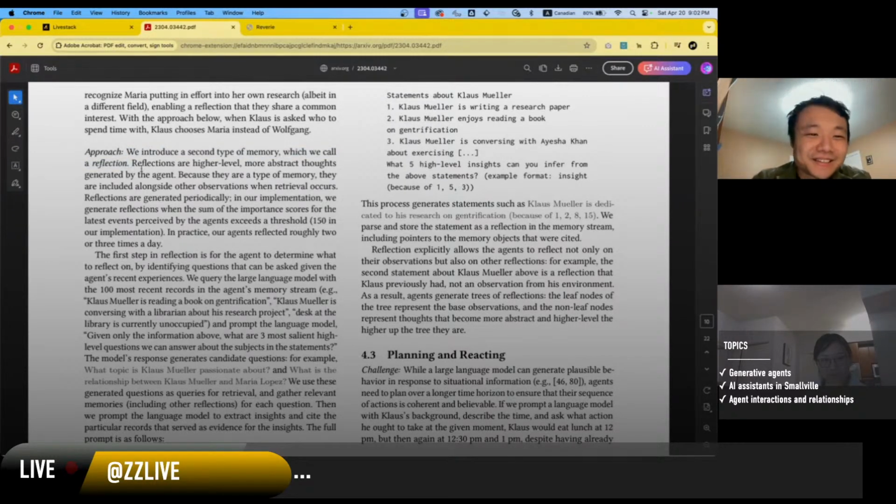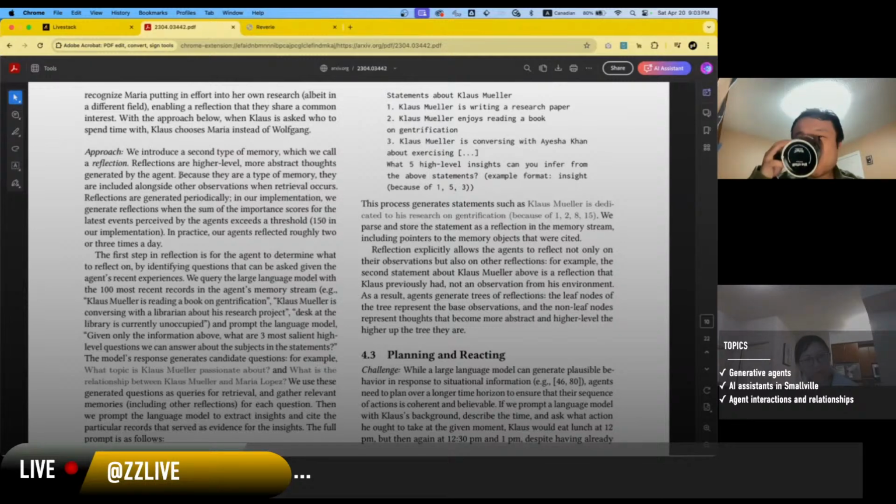Second type, different. Reflections are higher level, more abstract thoughts generated by the agent. You know what, it's kind of true. If you're into learning theory, cognitive learning theory, learning is some type of reflecting, kind of like a mapping and reducing in a way.